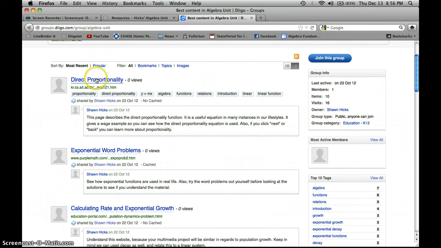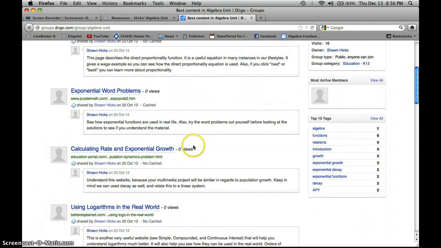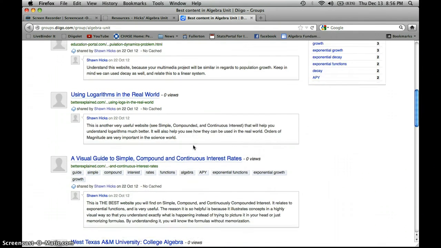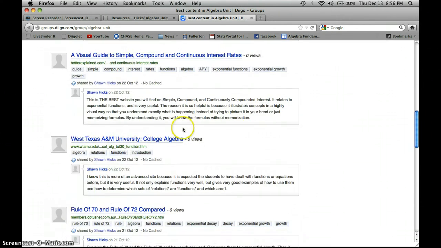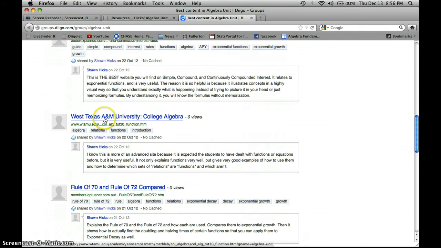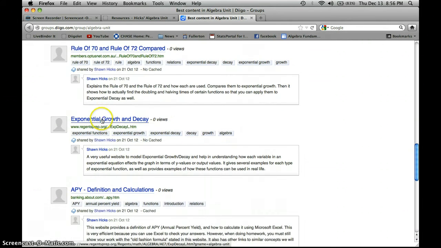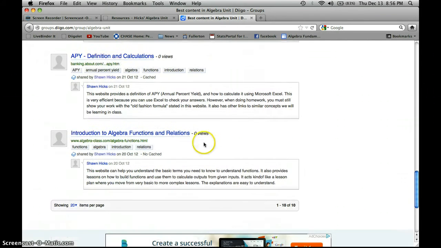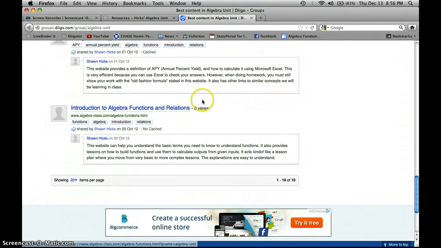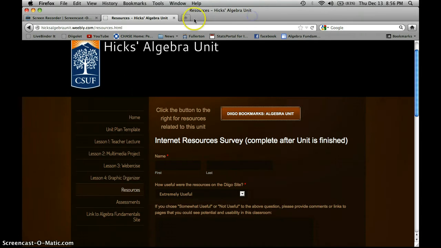So I have stuff on direct proportionality, exponential word problems, calculating rate and exponential growth using logarithms, simple, compound and continuous interest rates, which they actually do their graphic organizer on, college algebra according to this university, the rule of 70 and 72 compared, exponential growth and decay, APY definition and calculations, and introduction to algebra functions and relations. So those are all resources for the students.